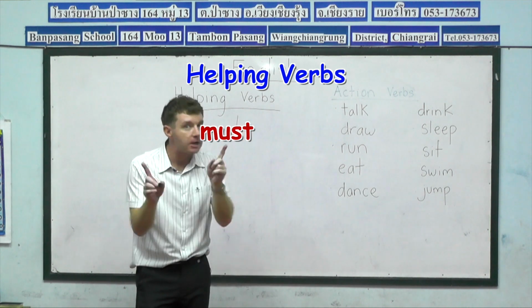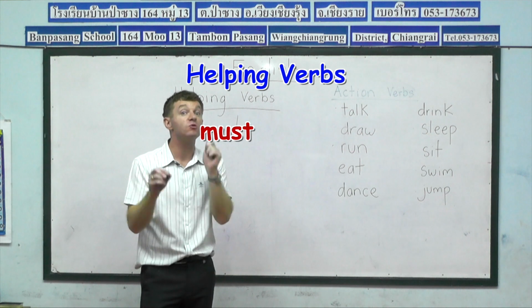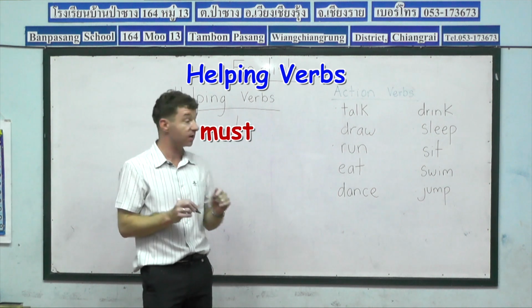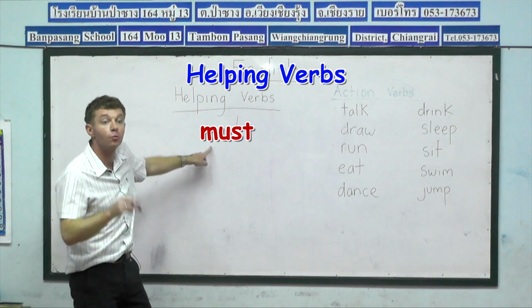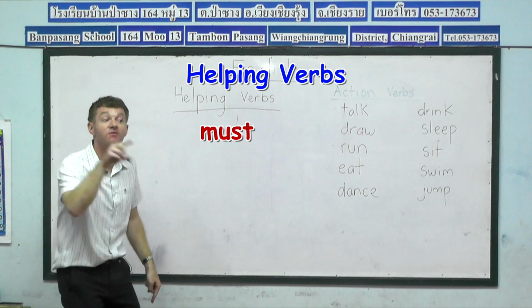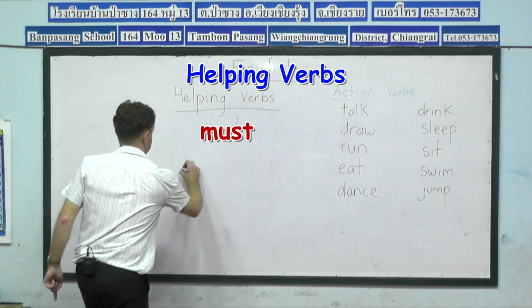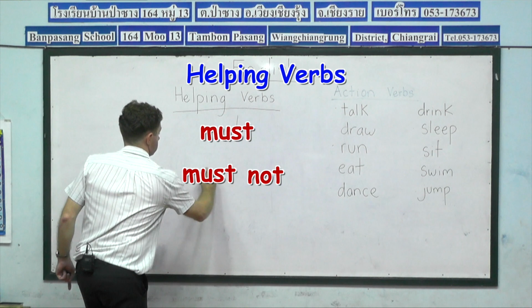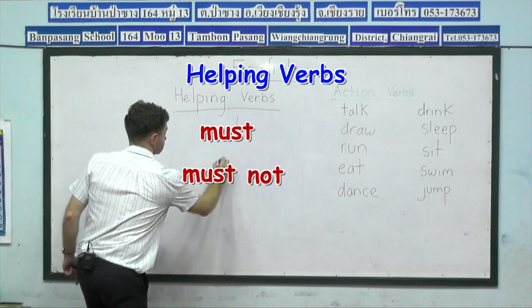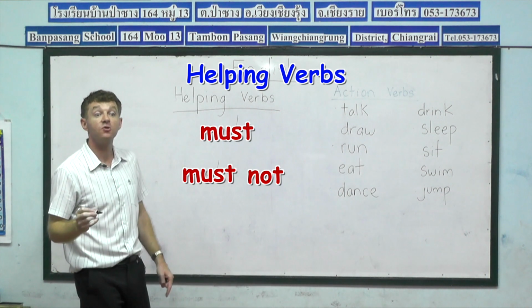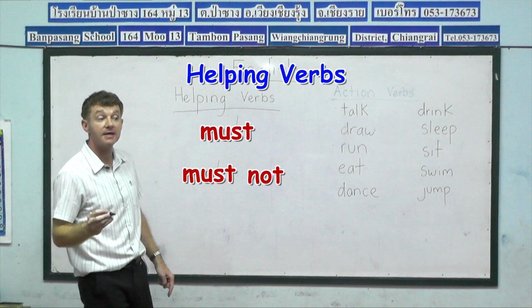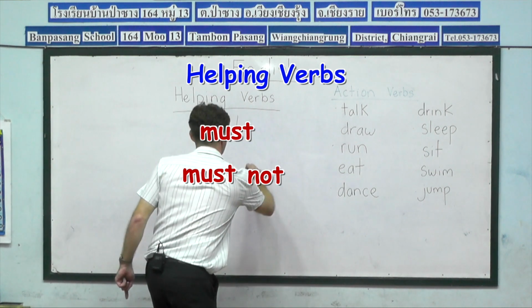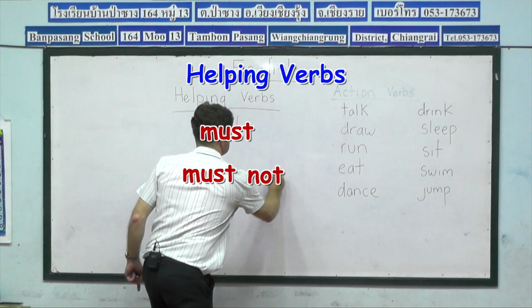Okay? But if we should not do something, we don't say must, we say must not. Okay? M-U-S-T. Must not. How do we spell not, guys? N-O-T. Excellent.